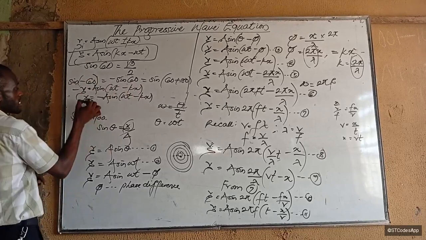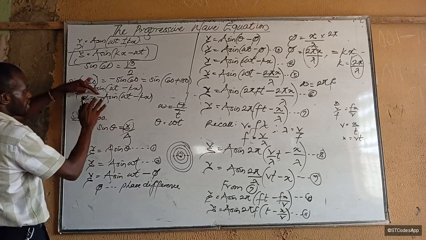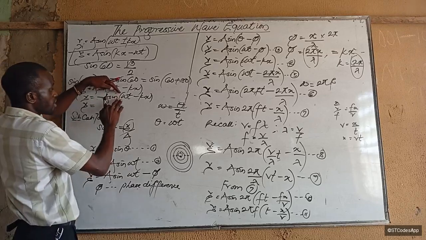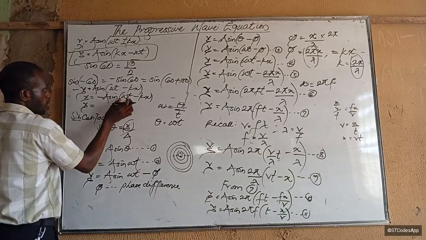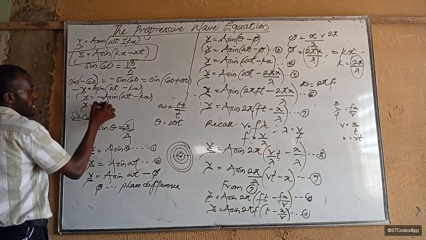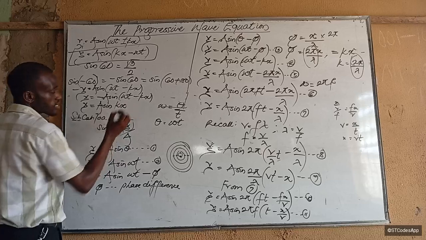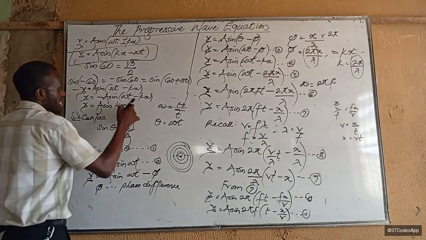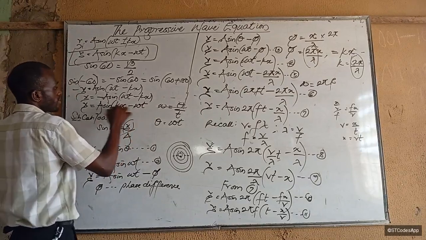So if that is the case, then if I bring this minus into the bracket, this becomes negative, this becomes positive, minus times minus is plus. Hence we have A sine of kx now positive and omega t now negative.